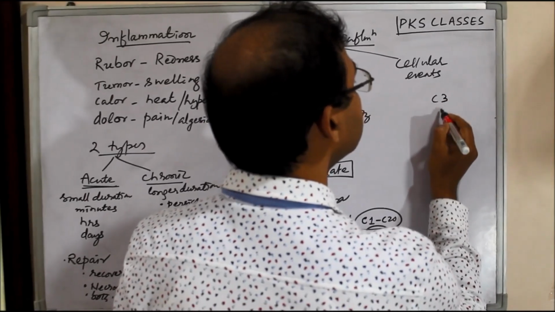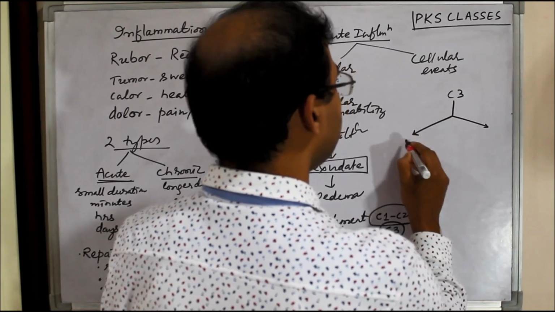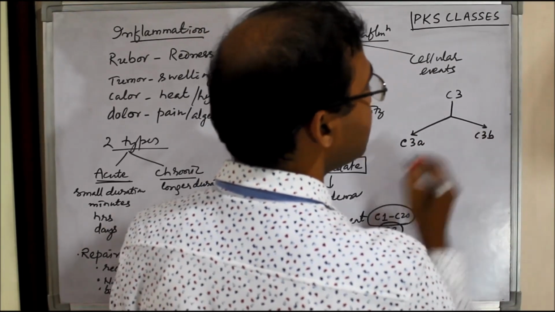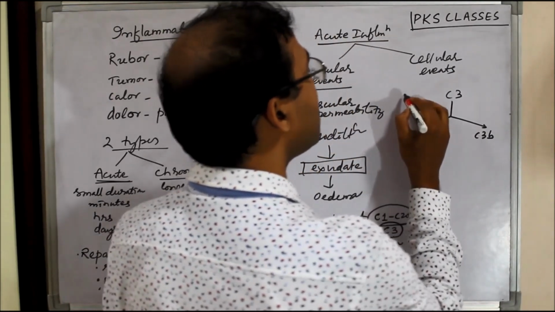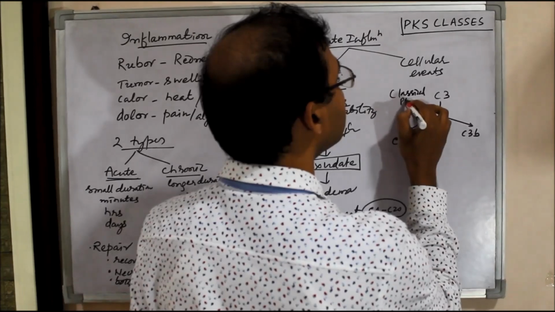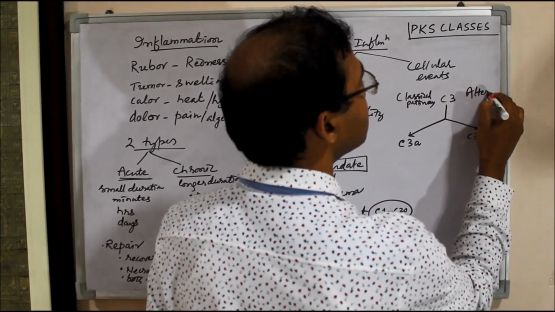C3 is converted to C3a and C3b by two pathways: the classical pathway and the alternate pathway.